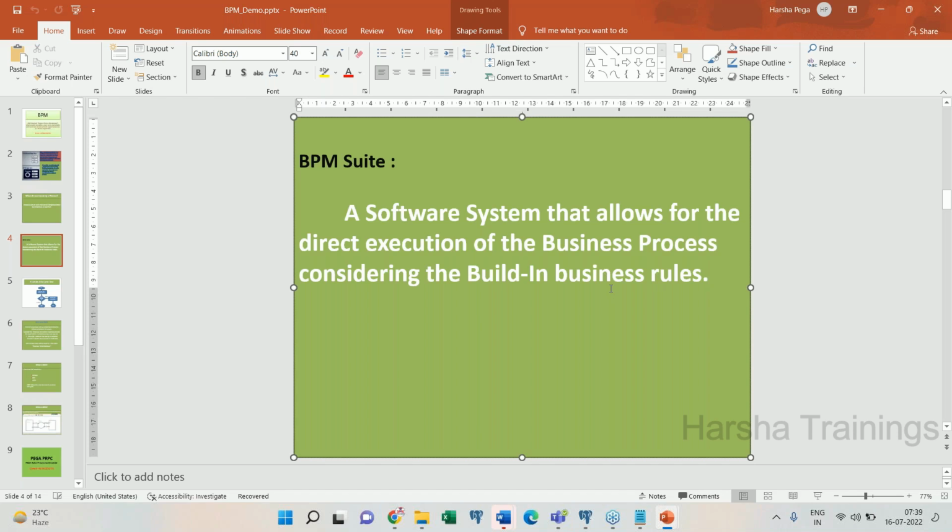BPM is used for business application development. It provides you a transaction model for designing your transaction like a flow diagram, and it facilitates everything from the requirement phase to the reporting phase. Also, the business processing will be done on the same environment by considering some built-in business rules. So what is meant by a business rule?